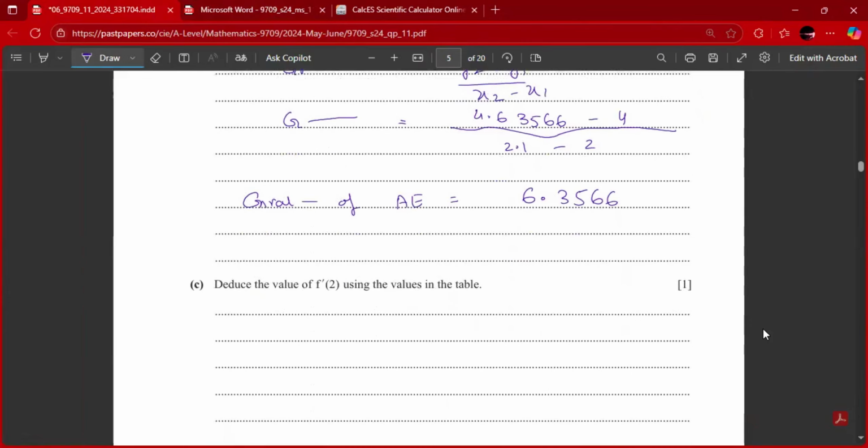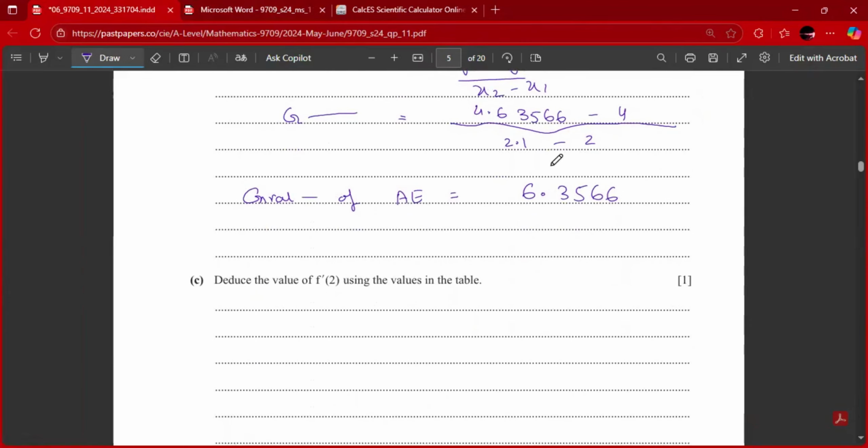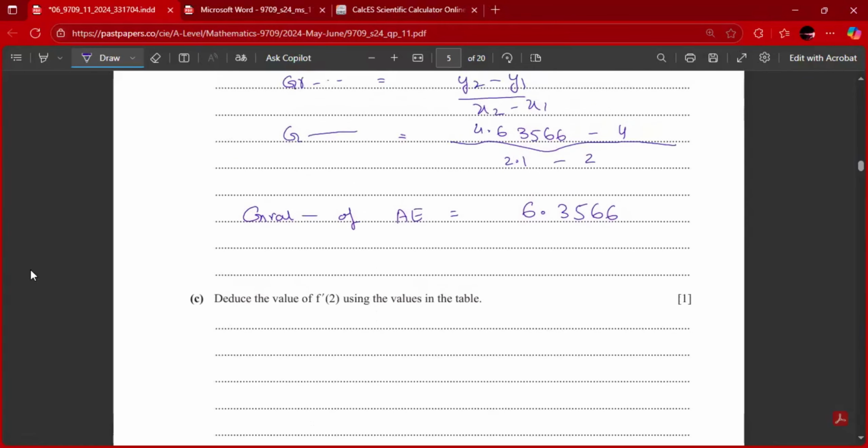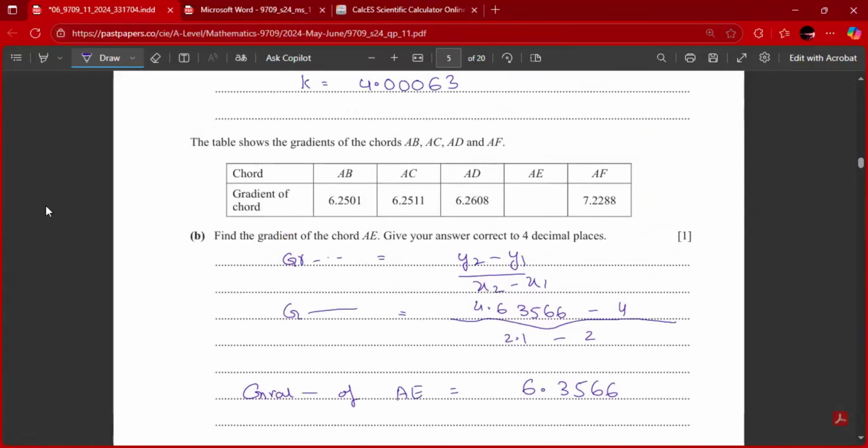Now we're supposed to deduce the value of, what does this mean? This means gradient. Another symbol, there are many symbols. This also means gradient, dy over dx. And this thing also means gradient. Now what are we supposed to do? Using the values in the table.